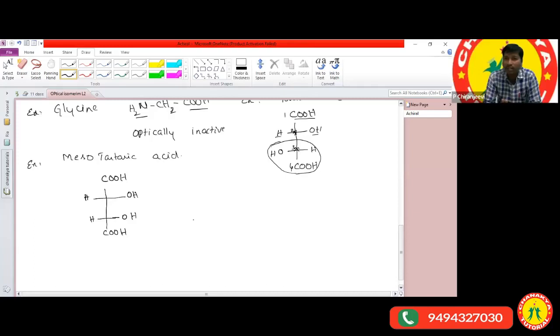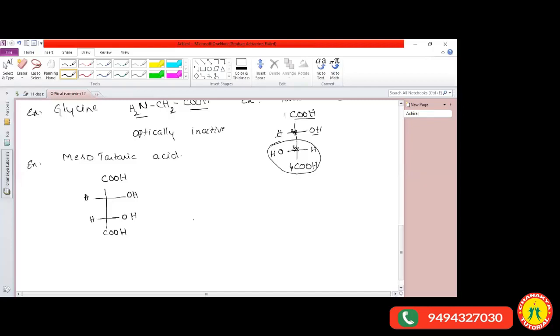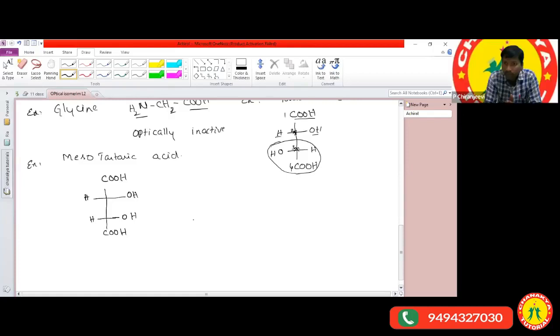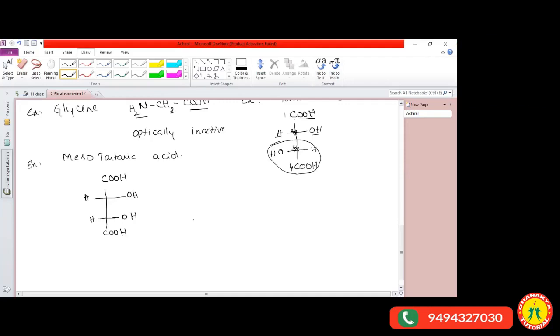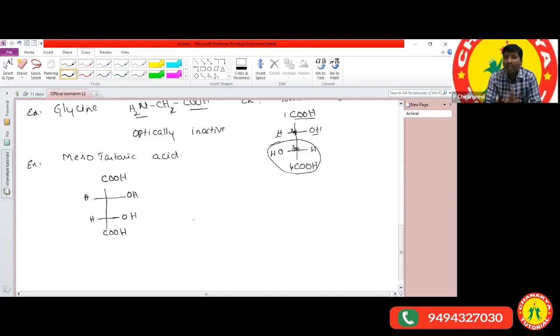Anjan, so what's your answer? Sir, it's bonded to another hydrogen here on this line. No, no. You're not giving the correct explanation, but your answer is correct.